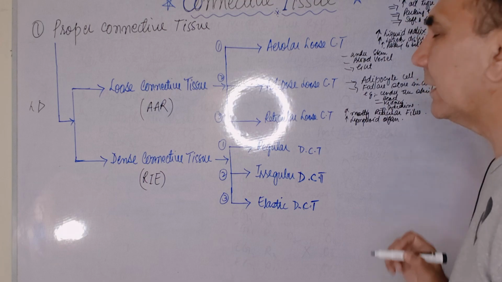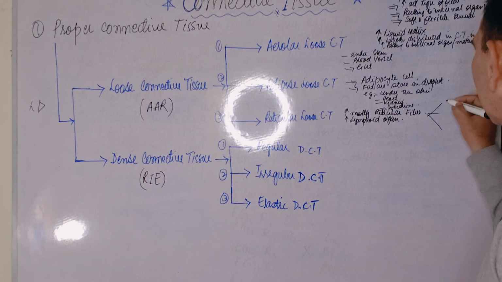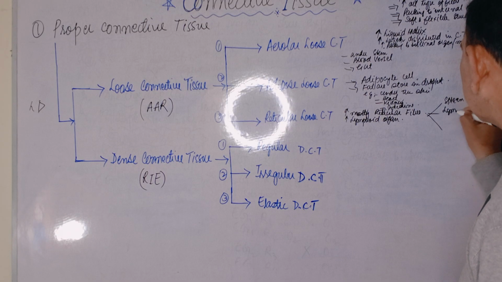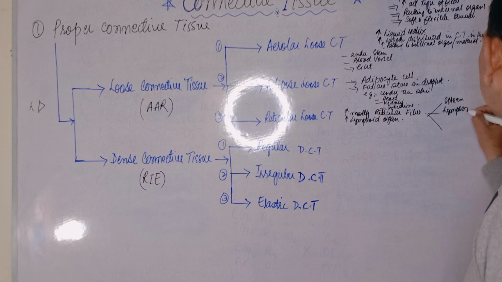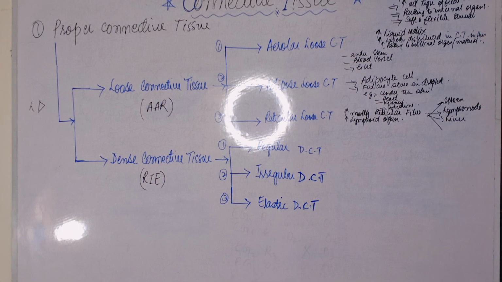Where is it found? In the lymphoid organs. What are the lymphoid organs? The spleen, lymph nodes, liver, and the bone marrow.